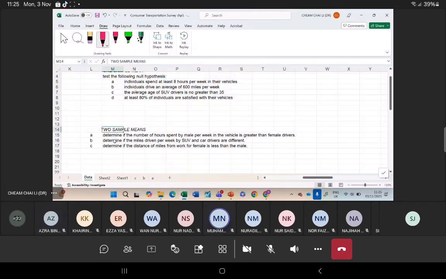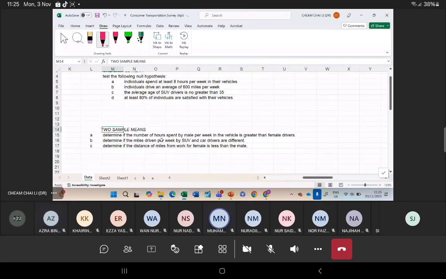Okay, not only for the second question, for any type of hypothesis, if you want to investigate something, you need to put it in your alternative hypothesis, right?